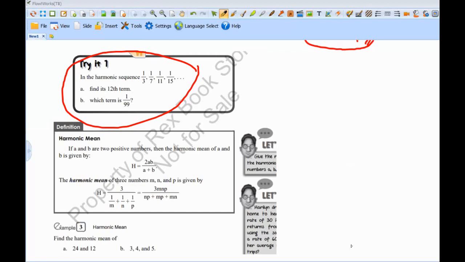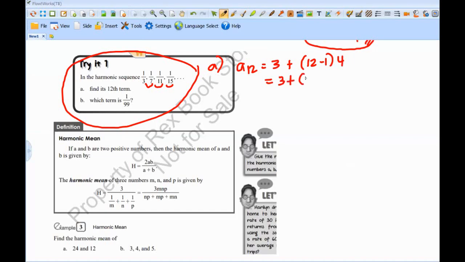Okay, what is our 12th term? Can we solve? On letter A, what is the answer? So we have 3, 7, 11, 15. What is the common difference? It is 4, right? So the common difference is 4. So we have A sub 12 is equal to 3 plus 12 minus 1 times 4.